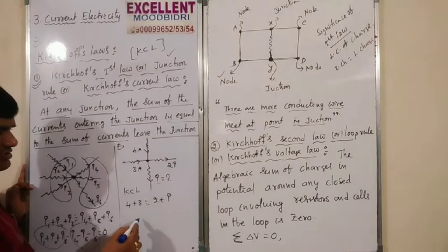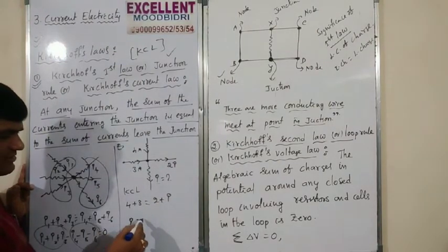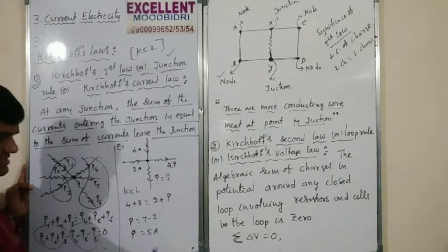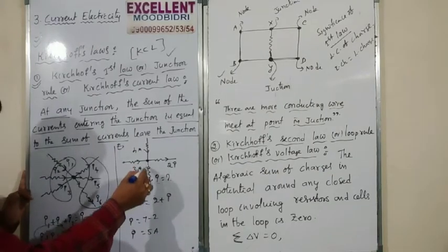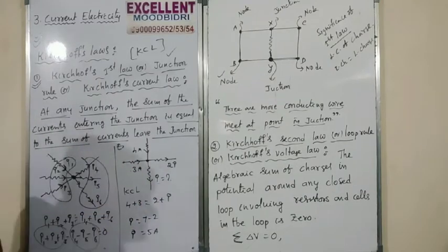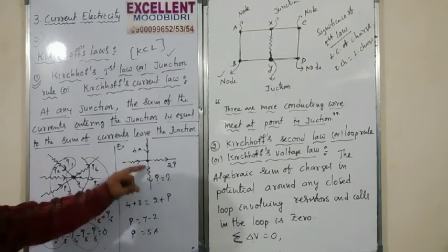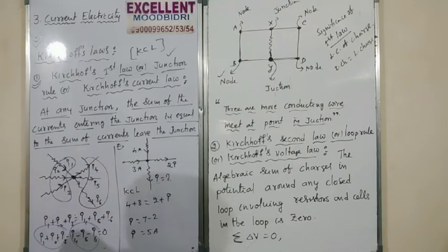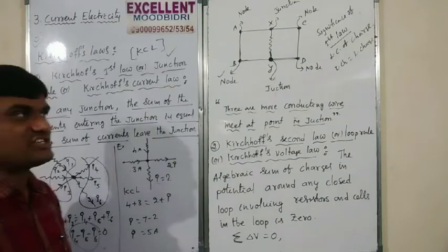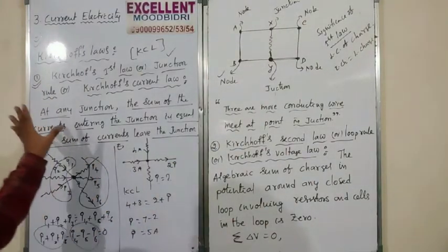Therefore, I is equal to 7 minus 2, which is 5 amperes. So in this direction, through this conducting wire, the current is 5 amperes. Entering current is equal to leaving current from the junction.